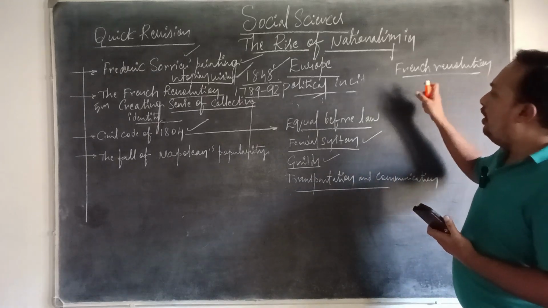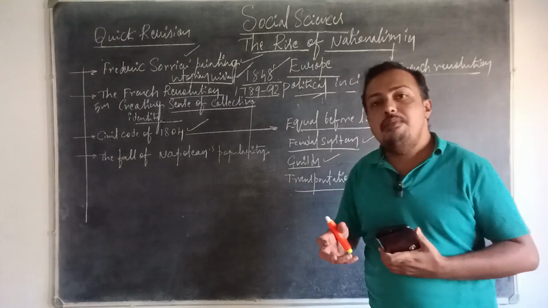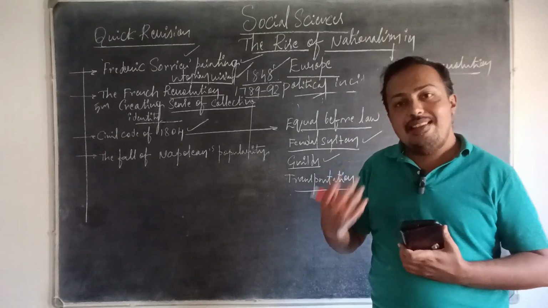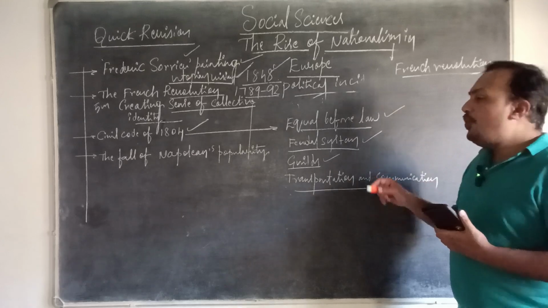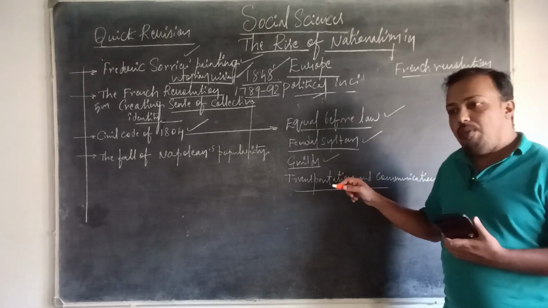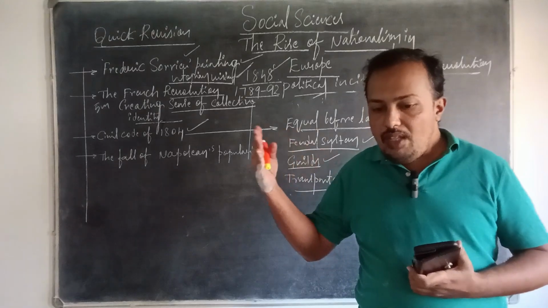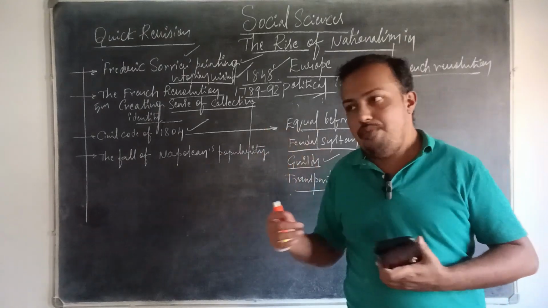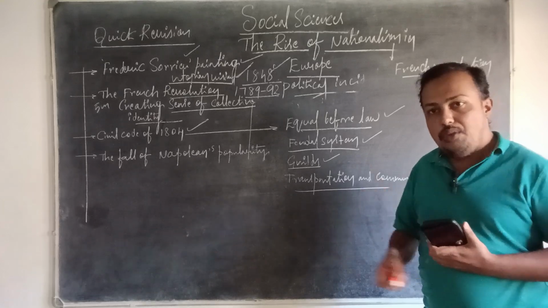Number 1, privileges based upon birth were cancelled for the first estate people. Everyone became equal before law. Number 2, the feudal system was completely abolished. Peasants were exempted from the payment of manorial dues and serfdom. Number 3, trade restrictions were removed in the cities and towns.